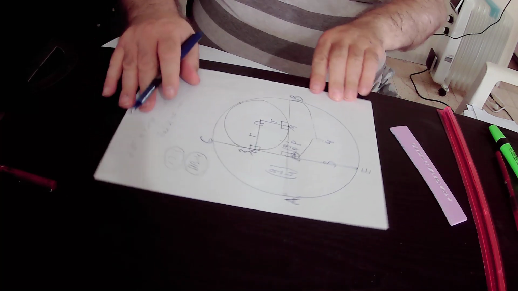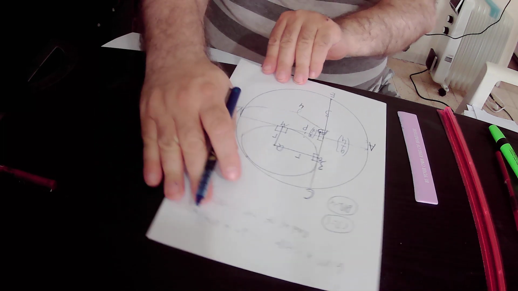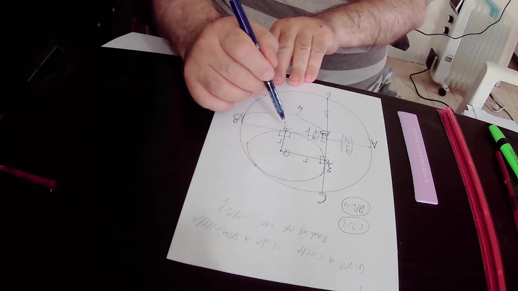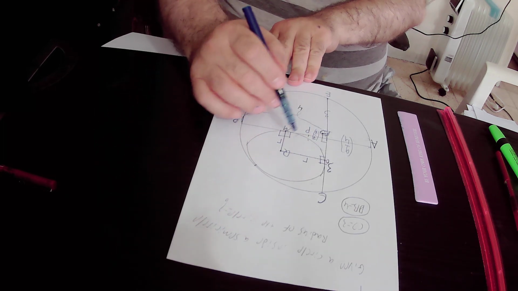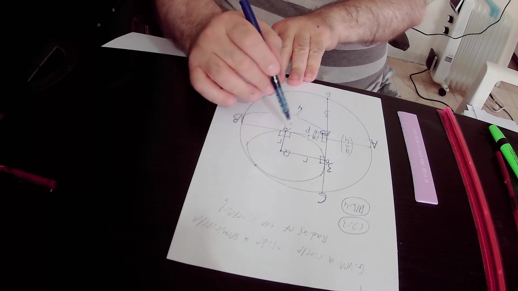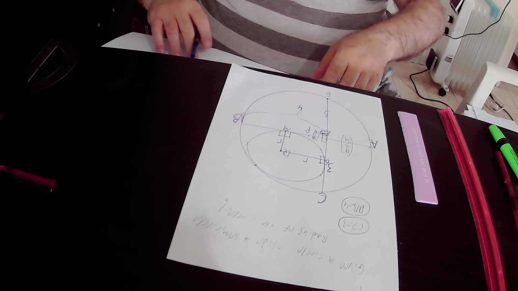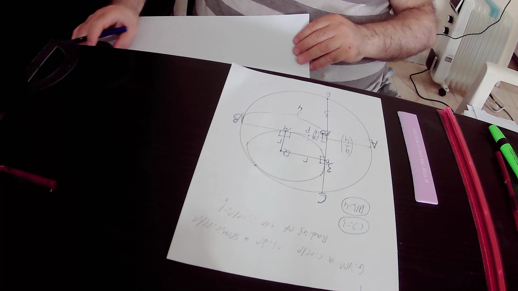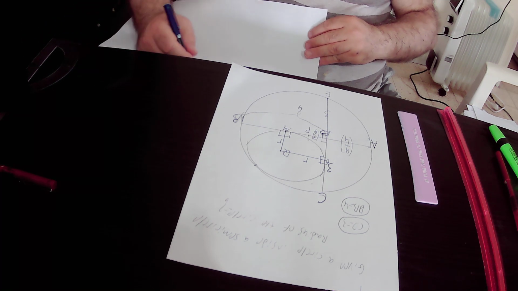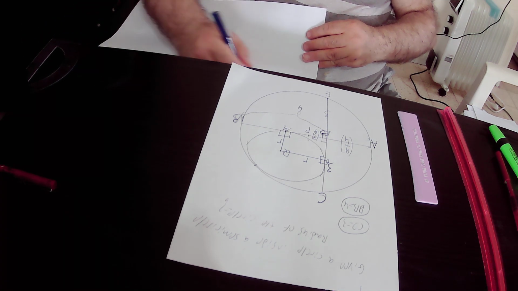Okay, so actually if we focus on quadrilateral OQDM, in quadrilateral OQDM we have 1, 2, 3 right angles.